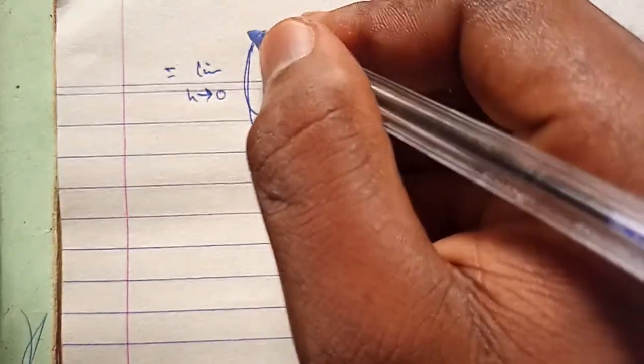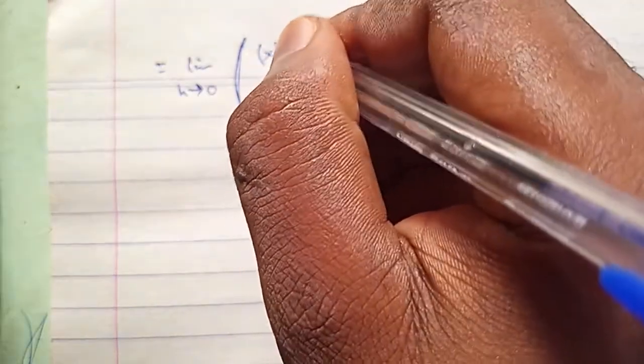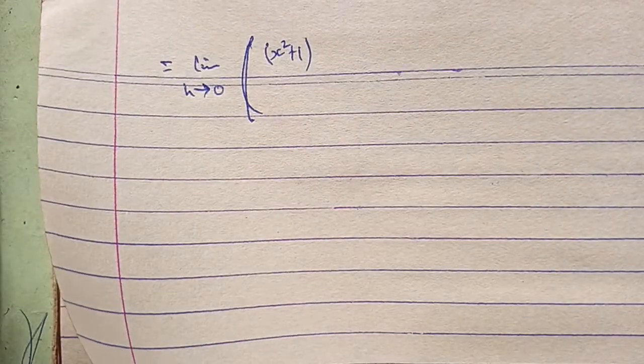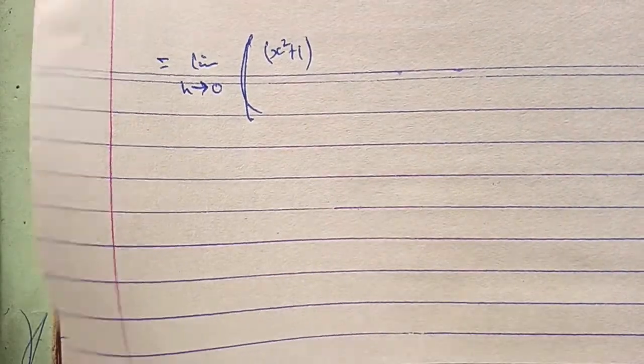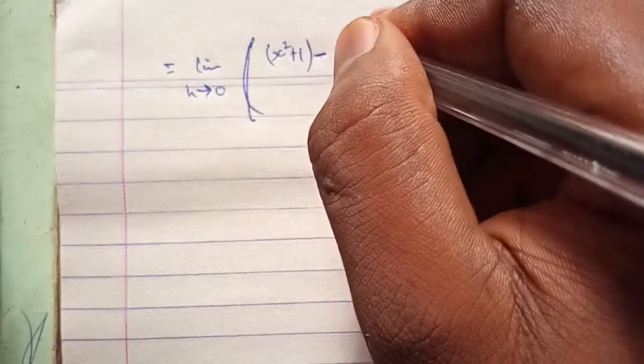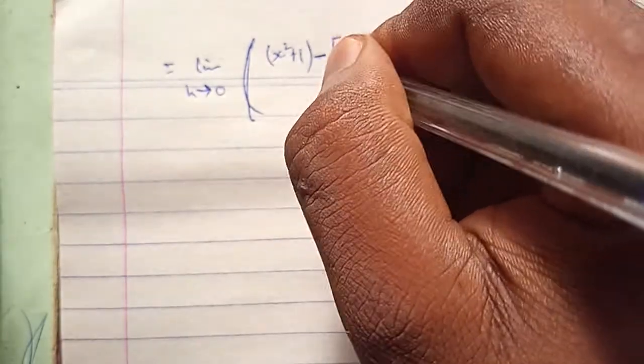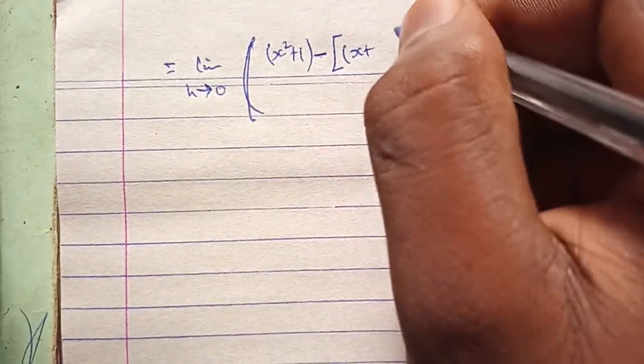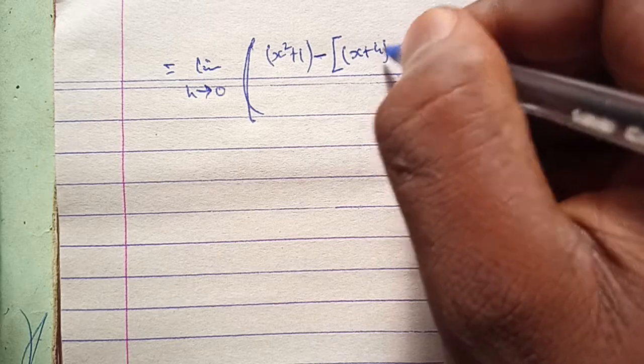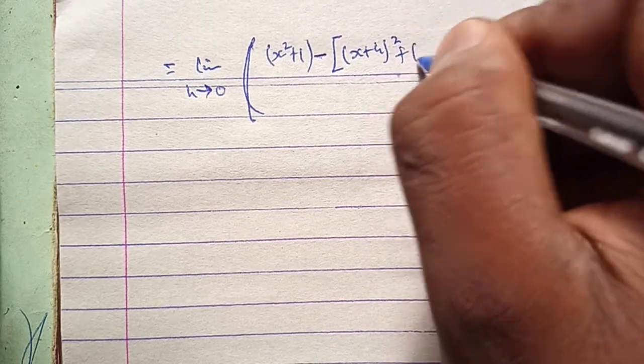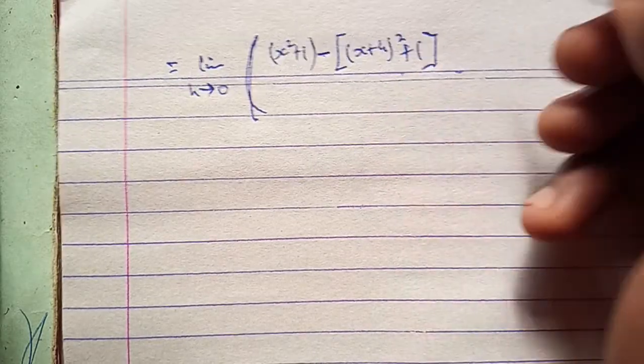In applying that, guys, you get x squared plus 1, then minus square bracket open, x plus h all squared plus 1, square bracket close.